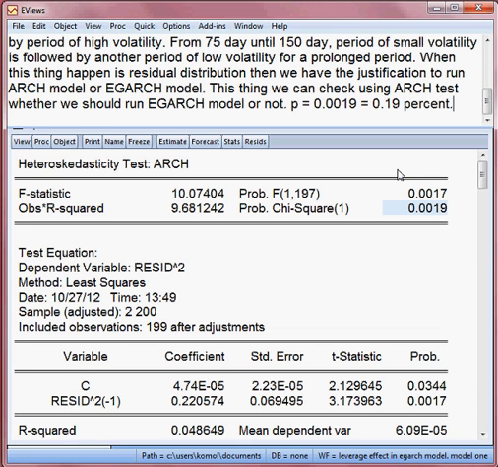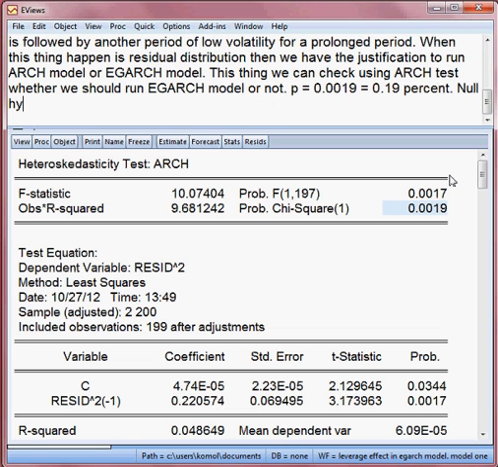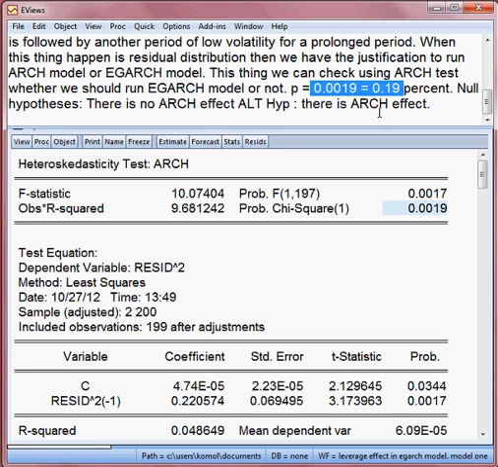And what is the null hypothesis? The null hypothesis is there is no arch effect. And what is the alternative? The alternative hypothesis is there is an arch effect. Okay, and here you can see our p-value is very small, less than 5%.